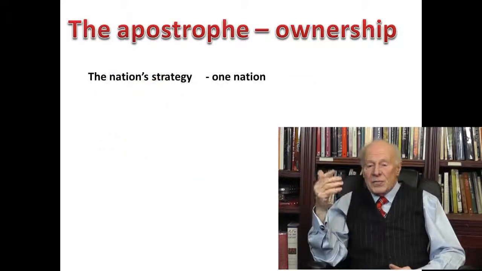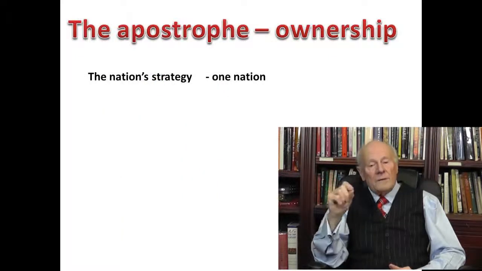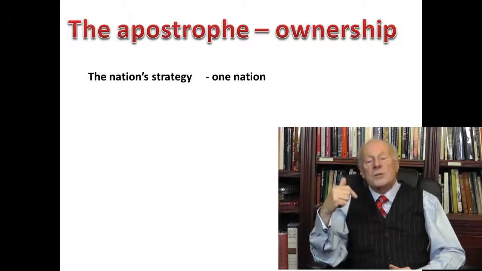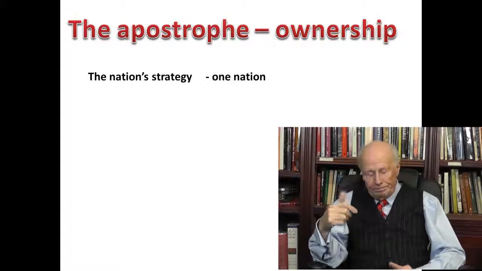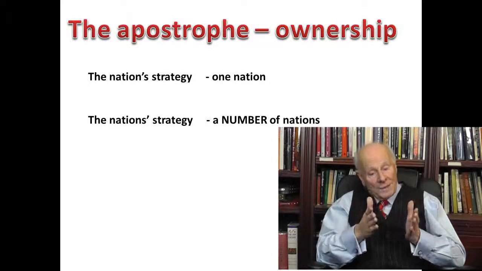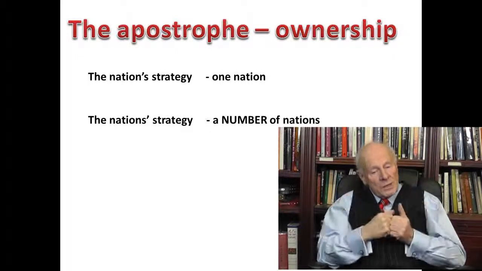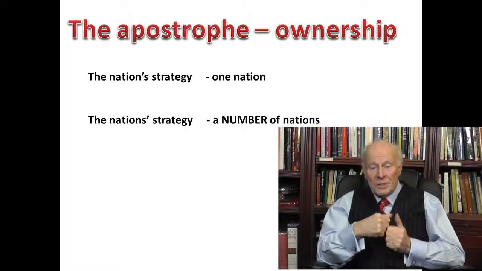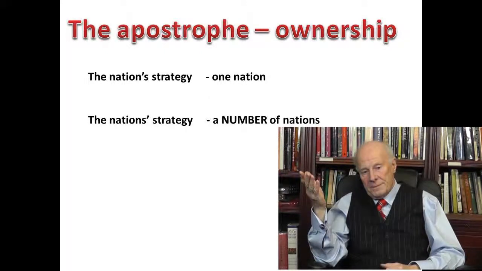Similarly, the nation's strategy before the S refers to a strategy pursued by a single nation, whereas the nations' strategy after the S refers to a strategy shared by a number of nations, the United Nations perhaps.